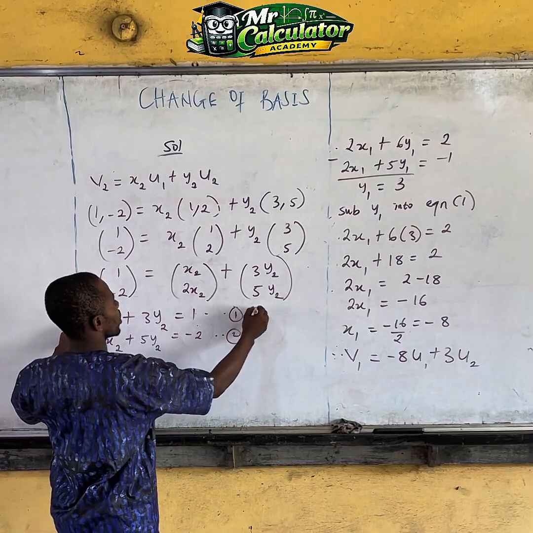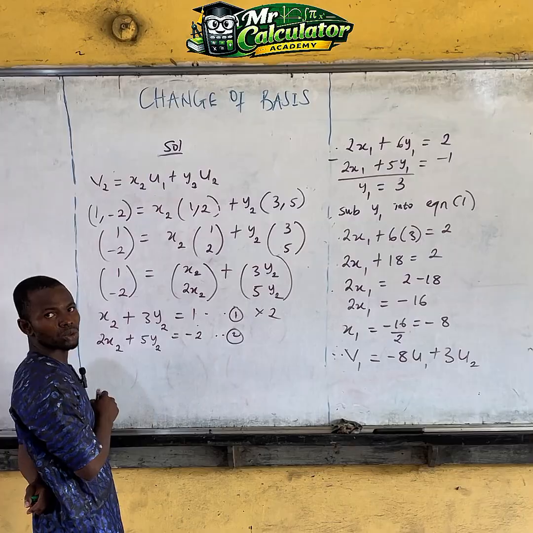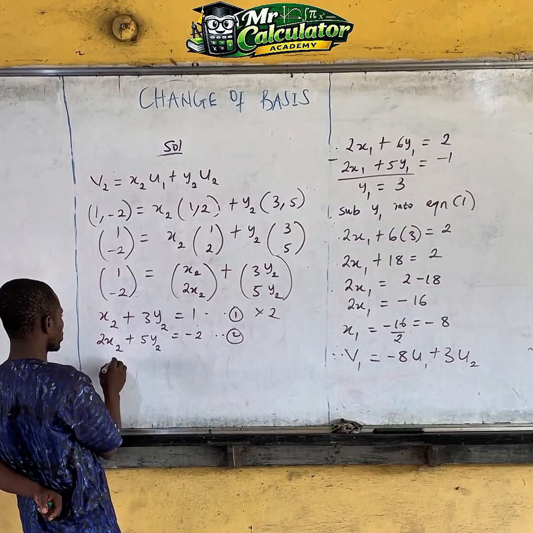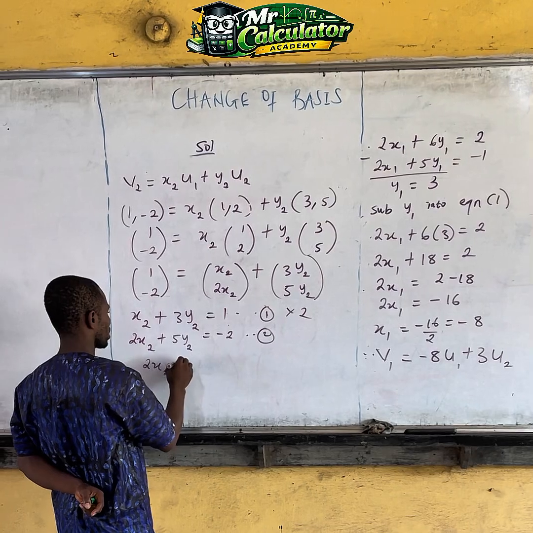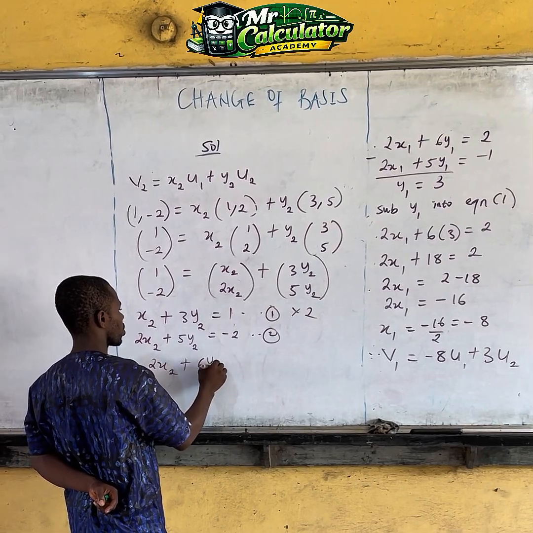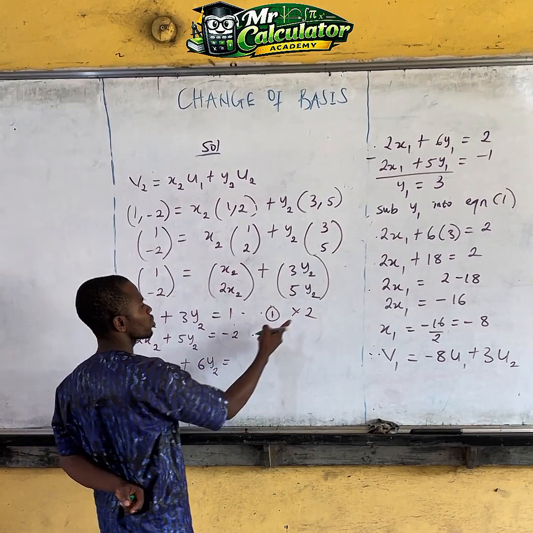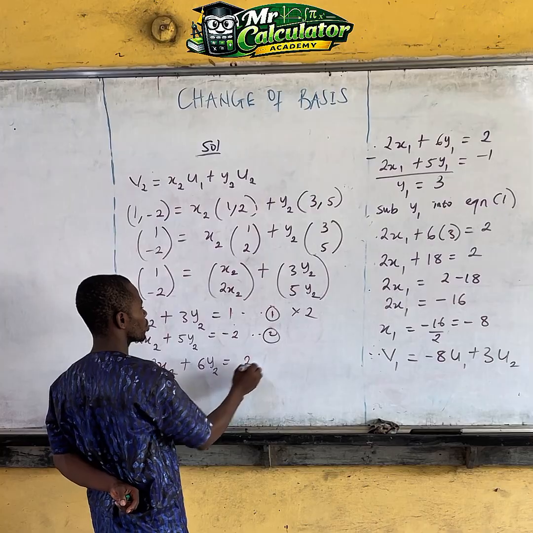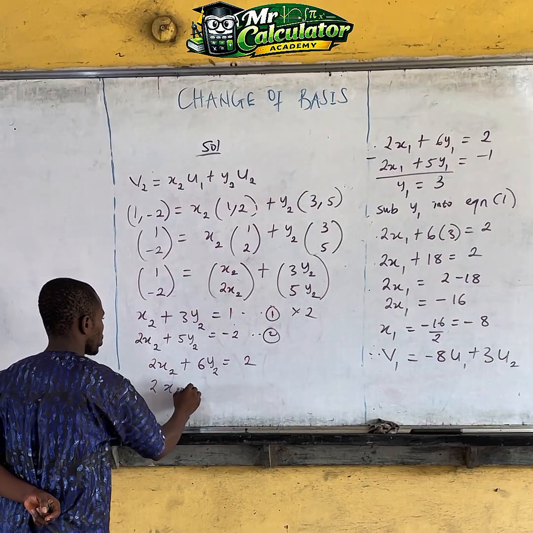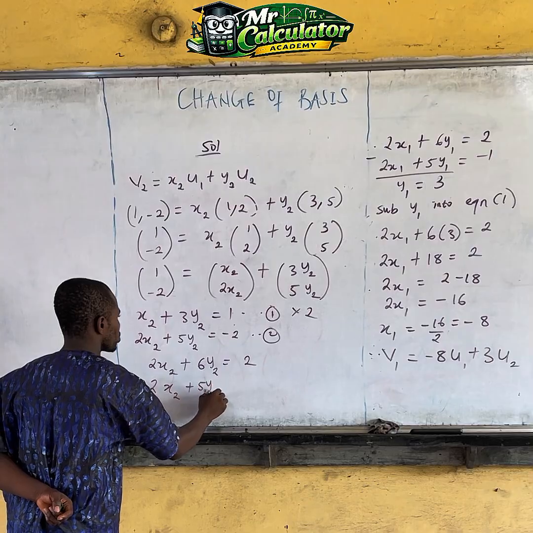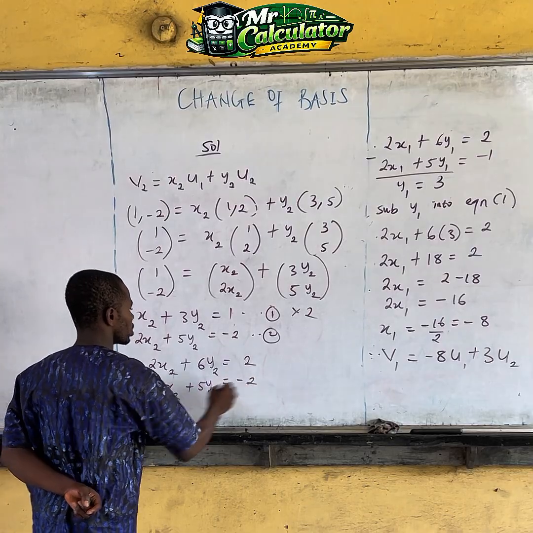I can say equation 1 times 2. 2 times x2 is 2x2, 2 times 3y2 is 6y2, equal to 2 times 1, which is 2. And this one is 2x2 plus 5y2 equals minus 2.